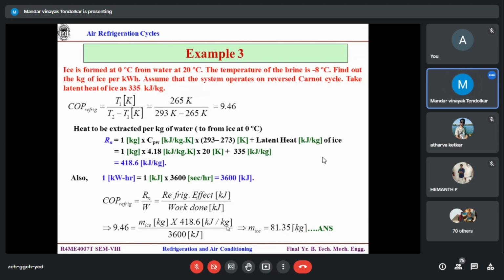And this is in kJ. So finally you get the unit as kg. So how many kg? This is the missing part. Are you getting it? Yes, sir. So this is the ice: 8.6 kg of ice you can generate per kilowatt hour. Is the calculation correct?